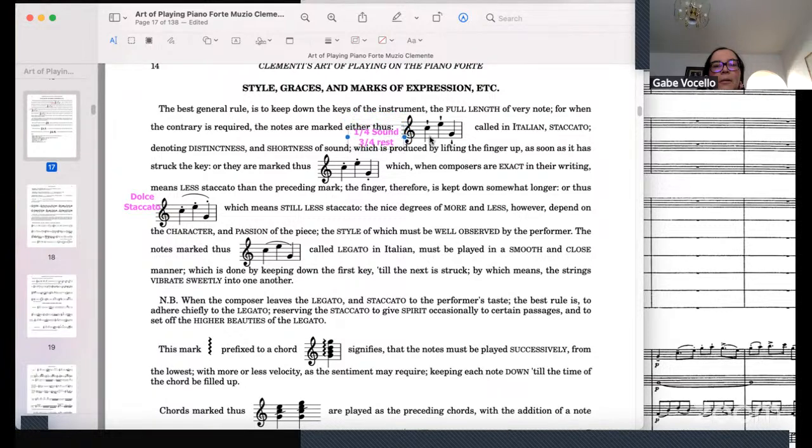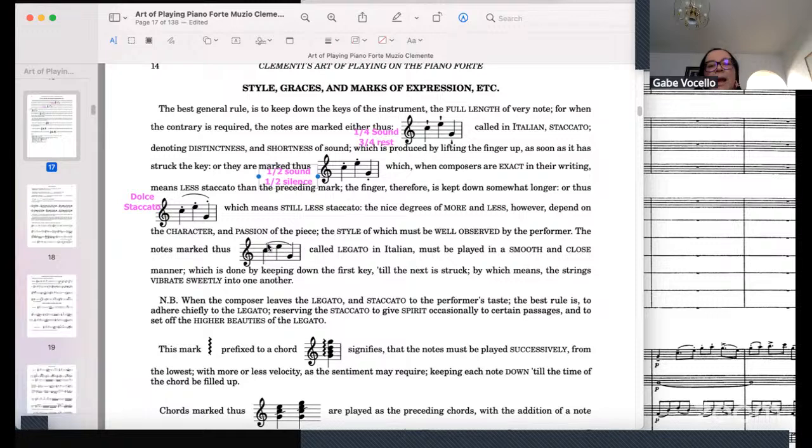Okay? With dry staccato. The simple staccato is half sound, half silence. Half a sound plus half silence or rest. Okay?